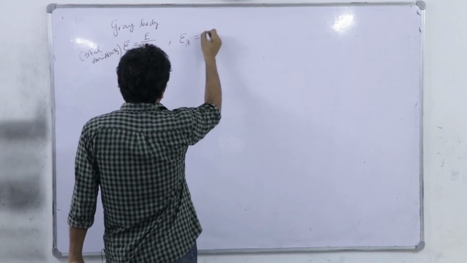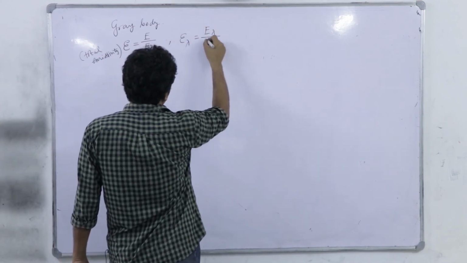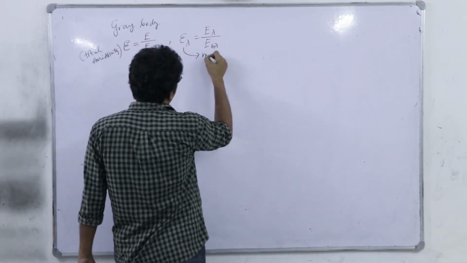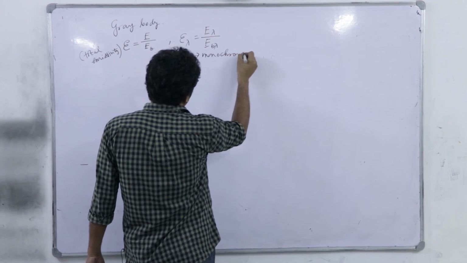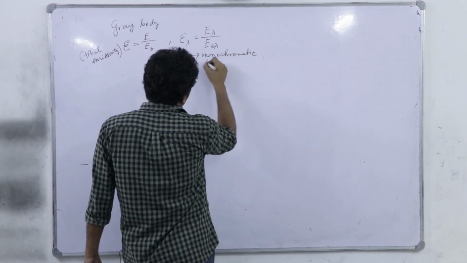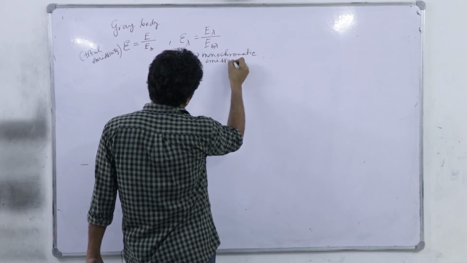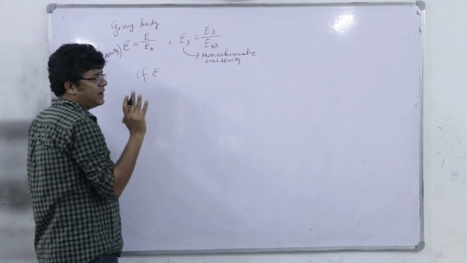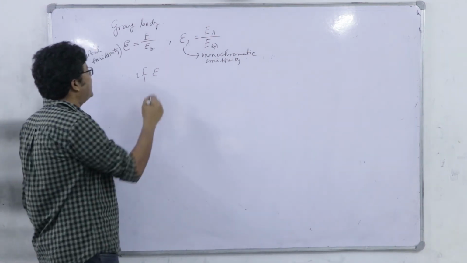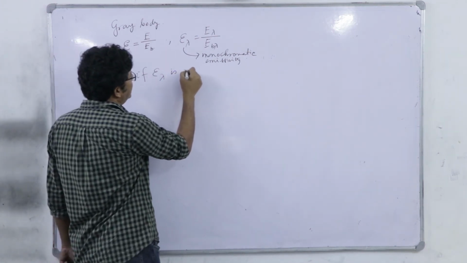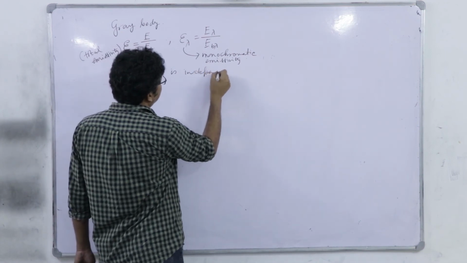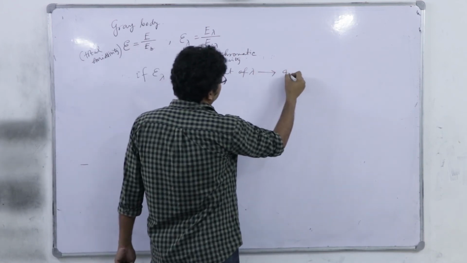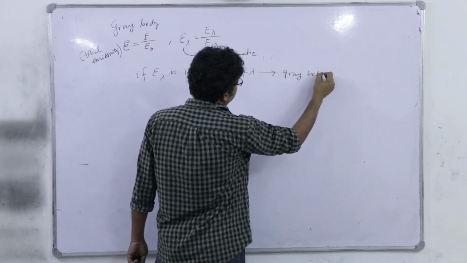So, epsilon lambda will be equal to monochromatic emissive power divided by that of the black body. So, this is monochromatic emissivity, right. Let us formally introduce this definition and next we will explain. If monochromatic emissivity is independent of lambda, then it is a gray body, right.